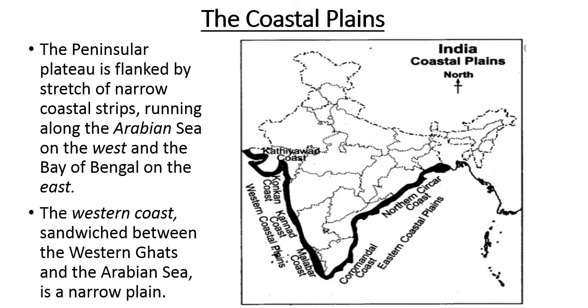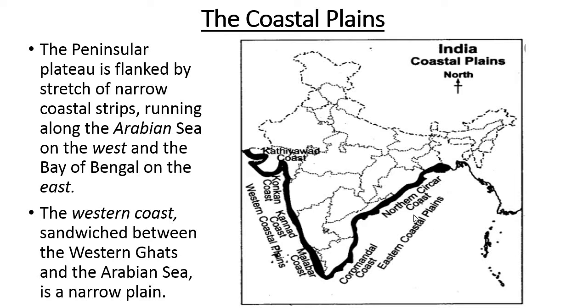Now the coastal plains. Here is the location of the coastal plains. This is the western coastal plain, this is the eastern coastal plain, and this triangular landmass is called the peninsular plateau. Peninsular means surrounded on three sides by water bodies.